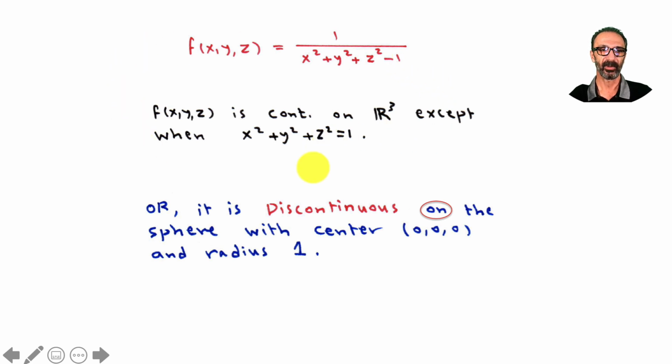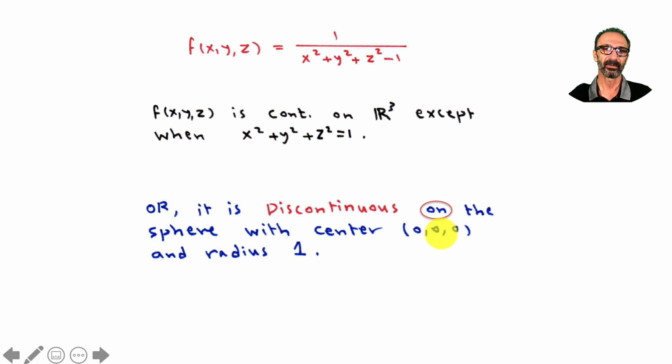So it's interesting to imagine what's happening right here. Here's the statement: or it is discontinuous on the sphere with center 0, 0, 0 and radius 1. So imagine a function that is continuous everywhere, but not on the surface of the sphere that is described right here.